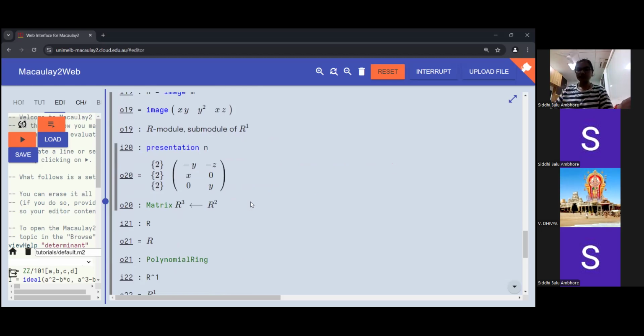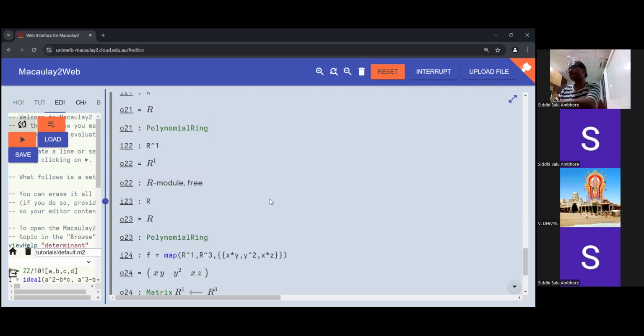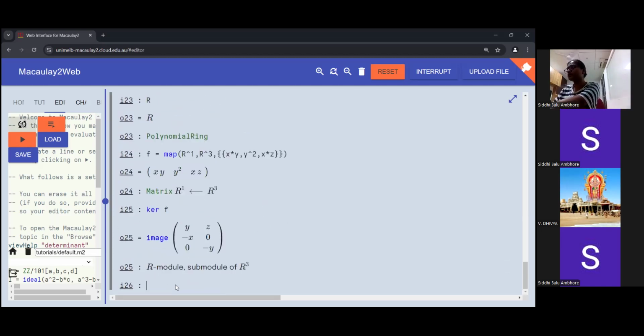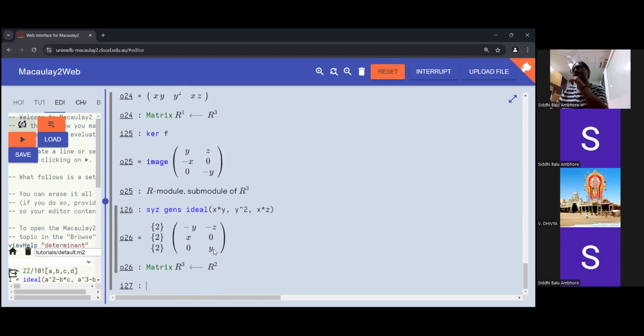So let us see what is the CGG of the generators of the ideal. What is this ideal? X star Y, Y square, X star Z. It is the same ideal. So this presentation matrix which we had is actually the CGG of this ideal.